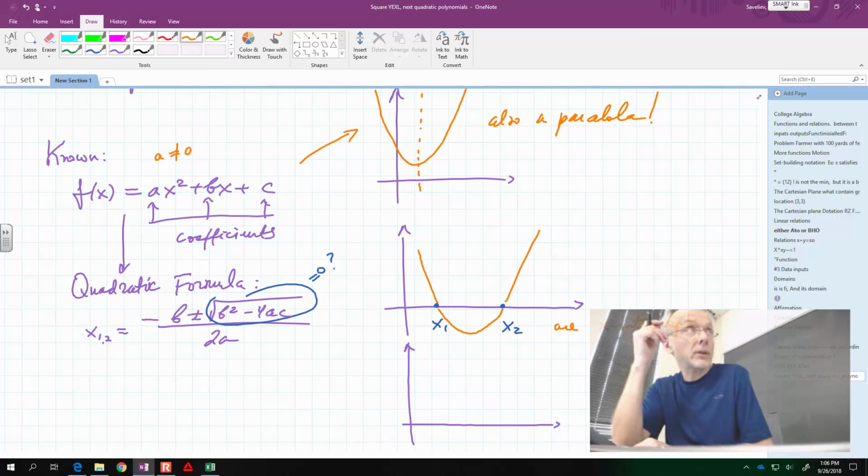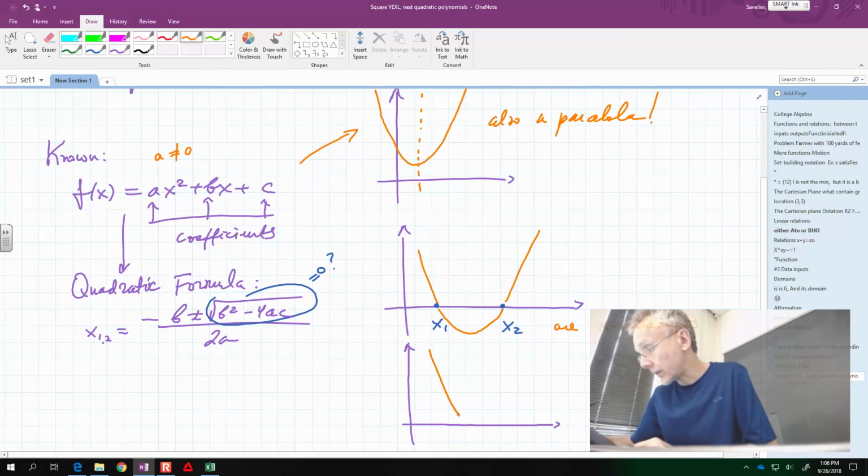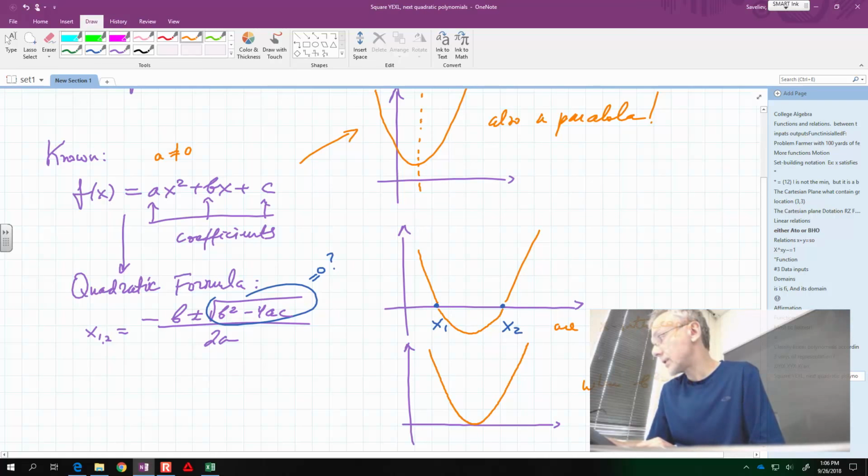No, it's still a parabola. Yes, that's right. The graph touches the x-axis at the vertex. This is when b squared minus 4ac is equal to 0.